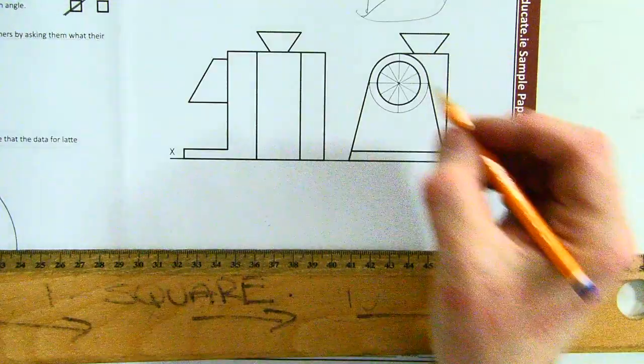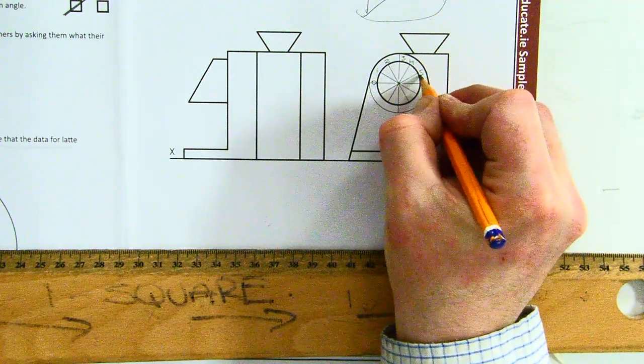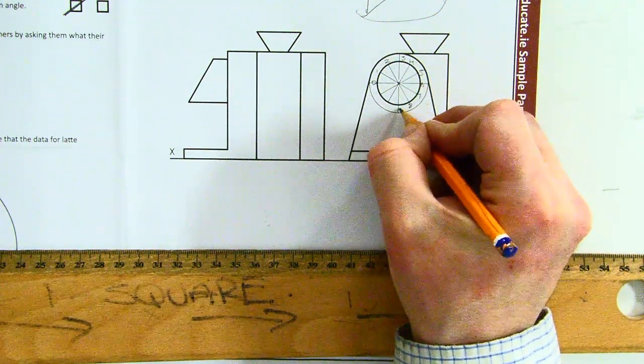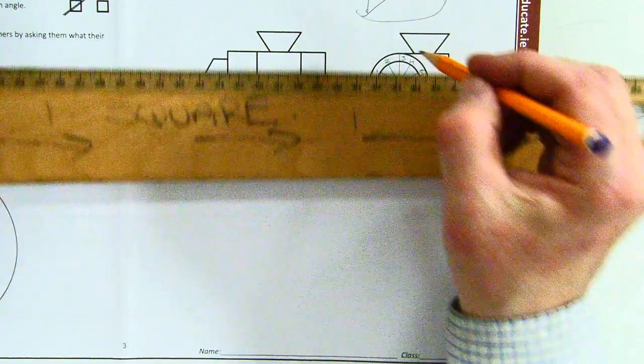I'm going to give each of these points a name: 0, 1, 2, 3, 4, 5, 6, 7, 8, 9, 10, 11. You're going to bring these now straight across.